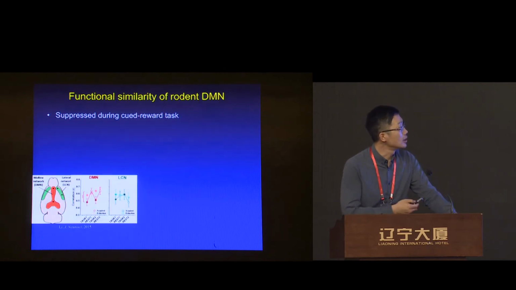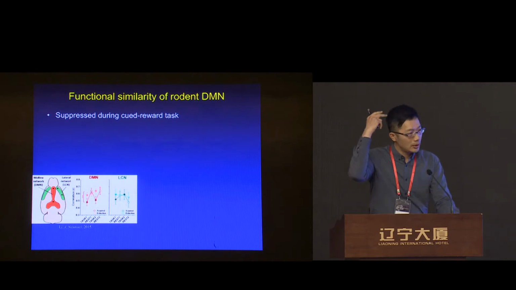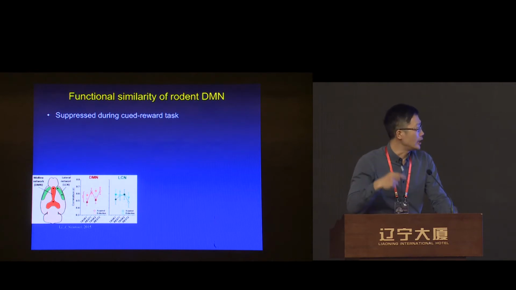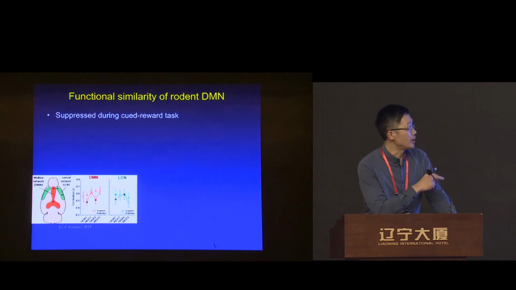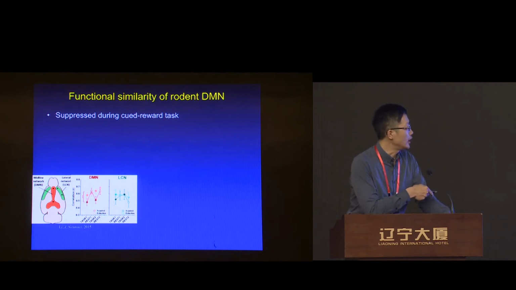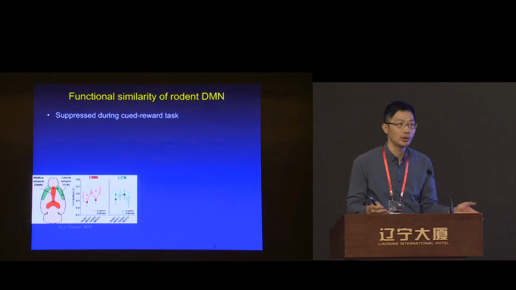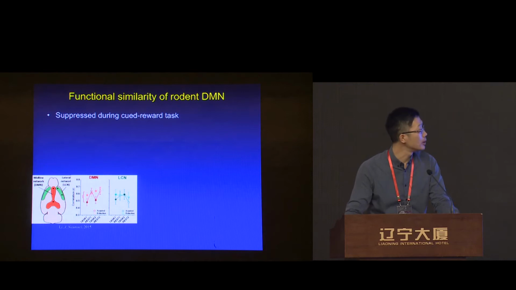To understand its function, in this work by Jennifer Lee, they used an oxygenation sensor implanted in the awake behaving rat and showed that the default mode network connectivity can be suppressed during a cued reward task. However, the somatosensory cortex, which they call the lateral cortical network, is not affected. So it seems similar to the human default mode network being suppressed during goal-oriented tasks.